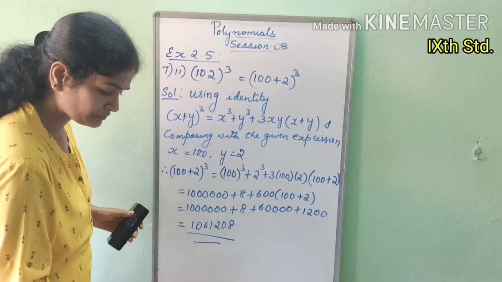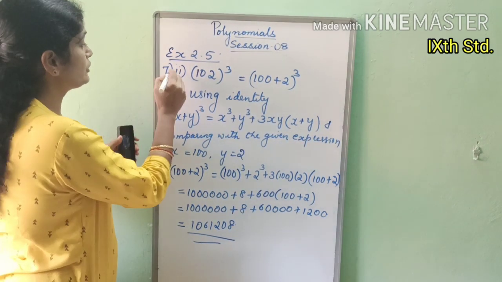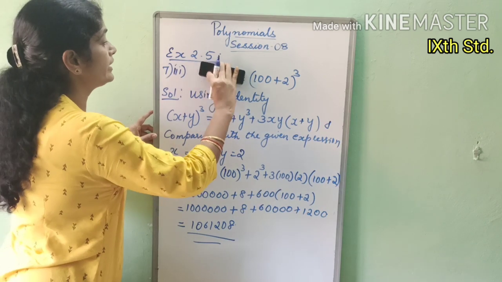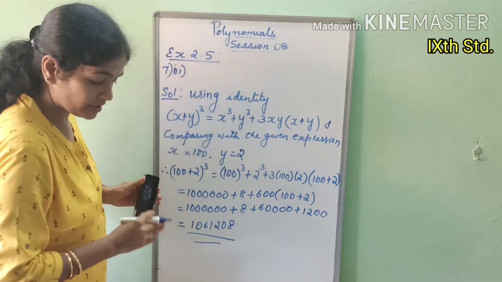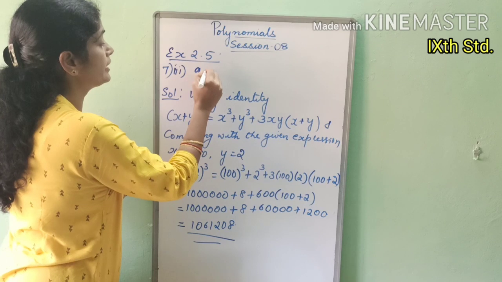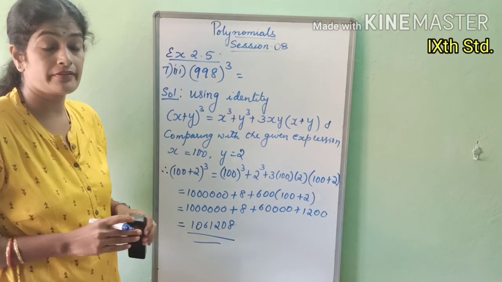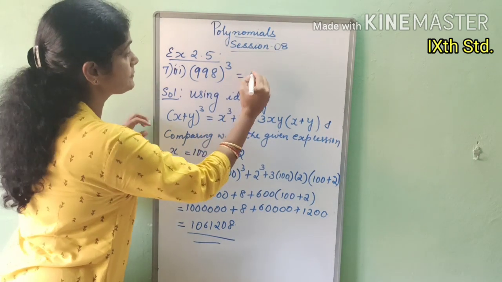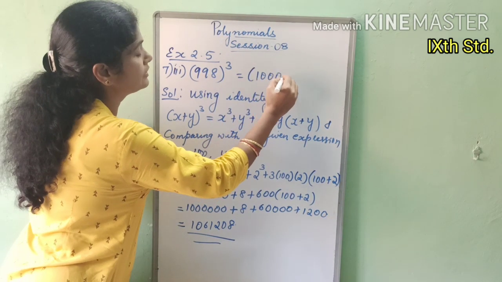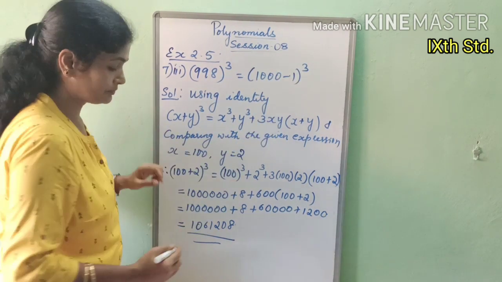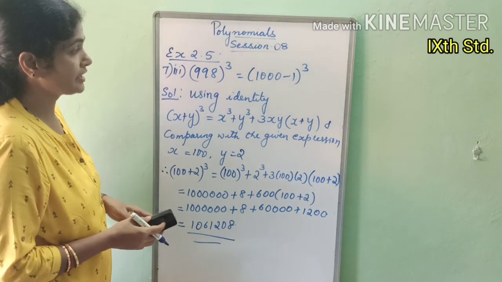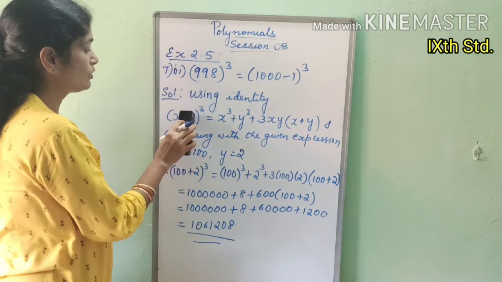Third one. They have given you 998 cube. Conveniently, how can we write this? This can be written as 1000 minus 2 cube. Again, which identity? x minus y whole cube.